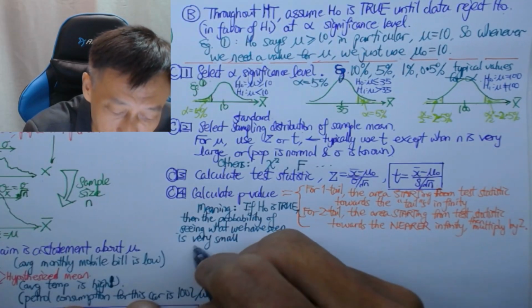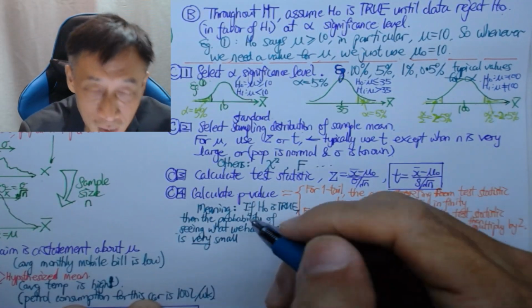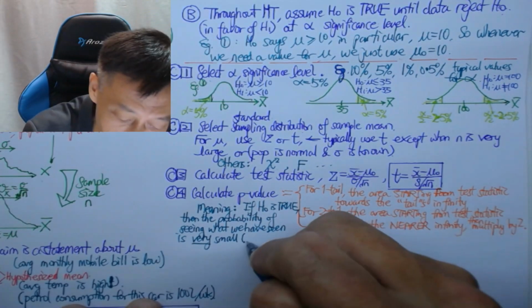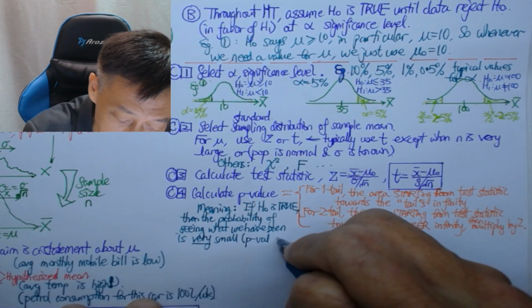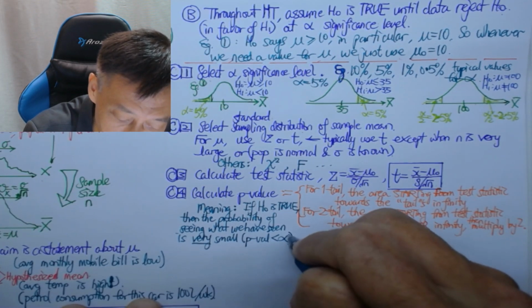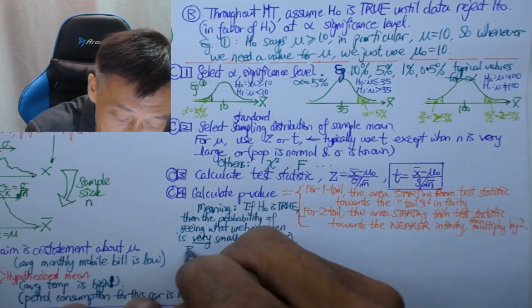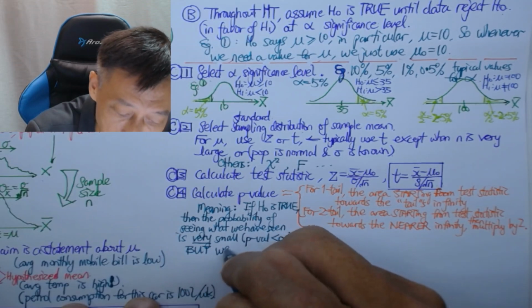I'm putting the word very to emphasize the magnitude of the p-value being very small. P-value smaller than alpha. So this is what it means. But, here's the but. We saw it.